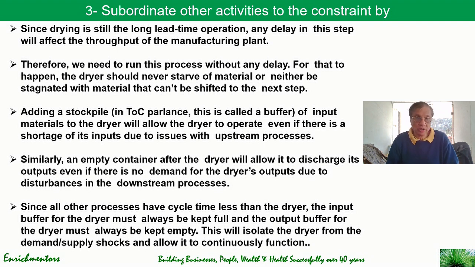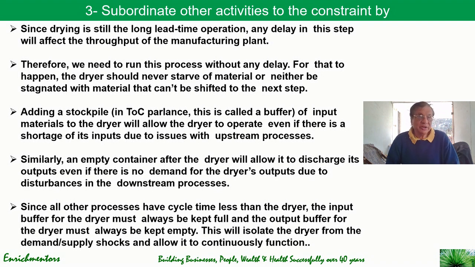So adding the stockpile, or in the TOC parlance, we call it a buffer, adding buffers to the input material of the dryer and allowing the dryer to operate even when there is a shortage of its input due to issues with the upstream processes, would lead to maximizing throughput through this entire manufacturing process.